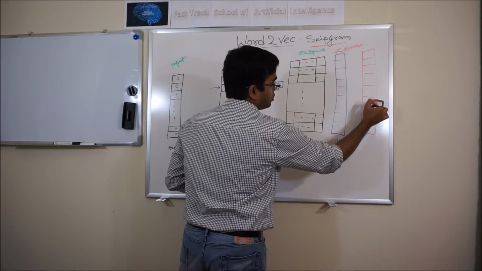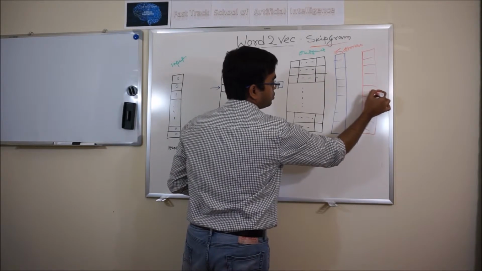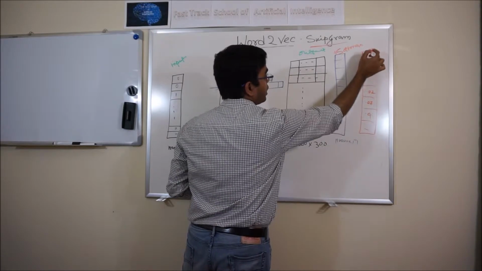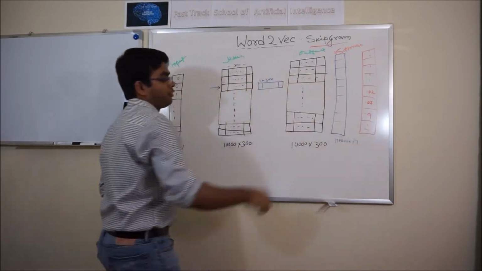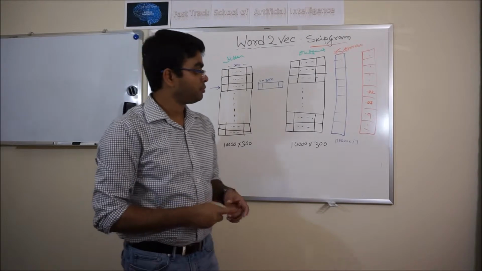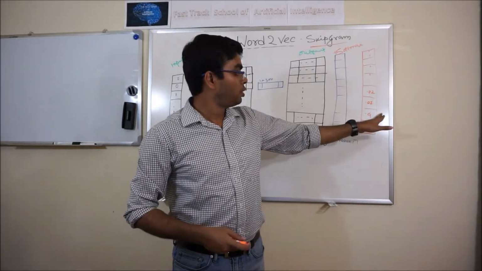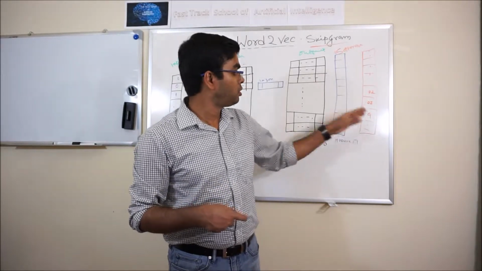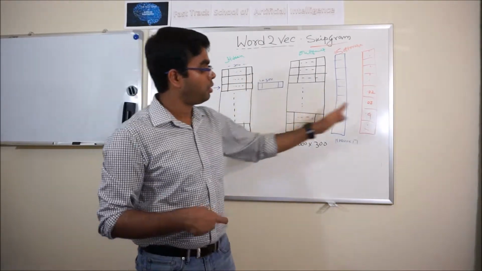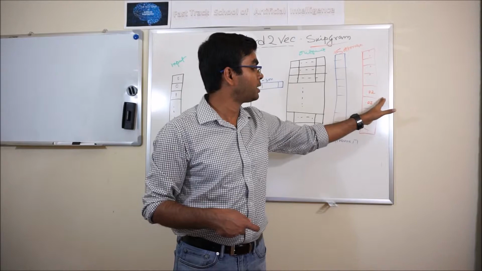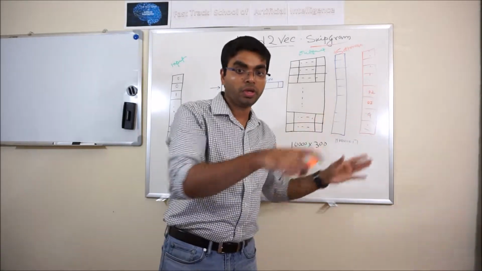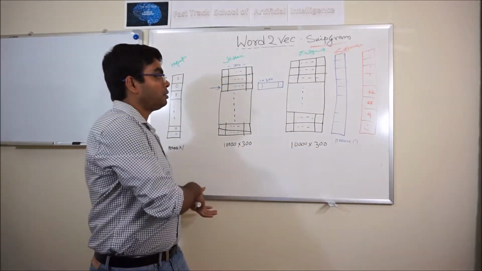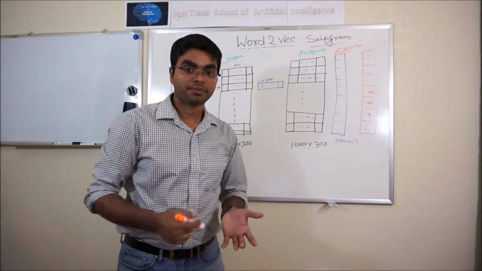This is 0.07, this is 0.02, and the rest will have very little. On the basis of this, we can pick this word as the context word for this target word, or maybe a second context word, third context word. In this way we can find the related words.